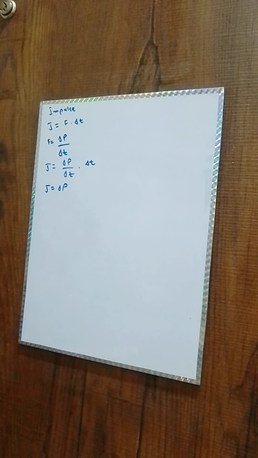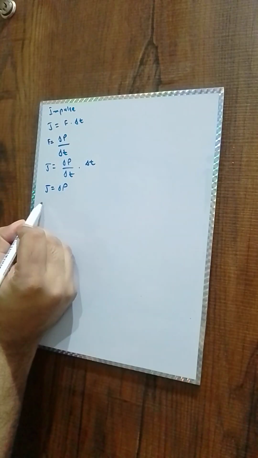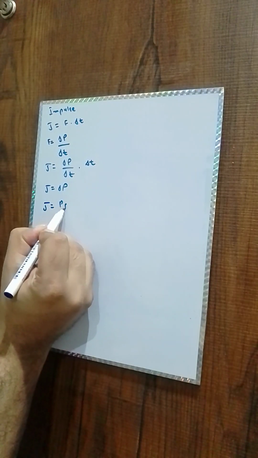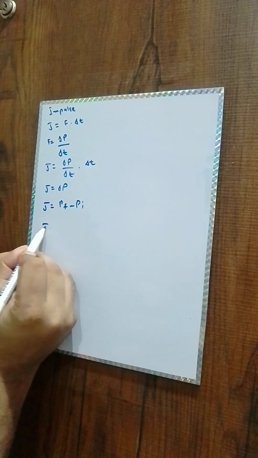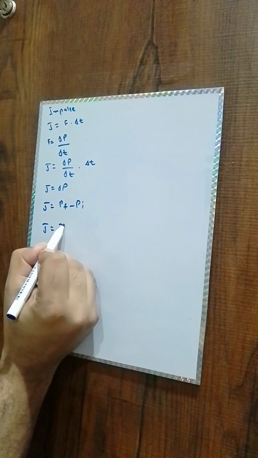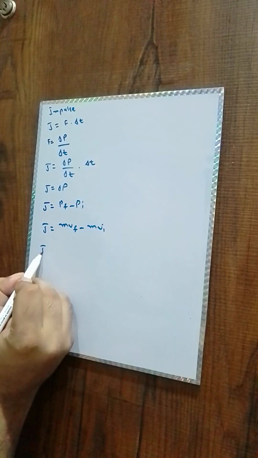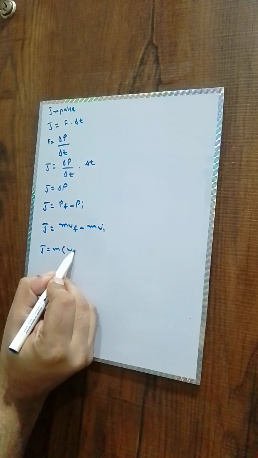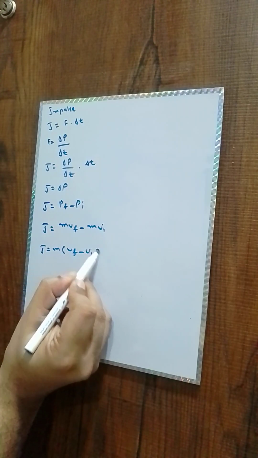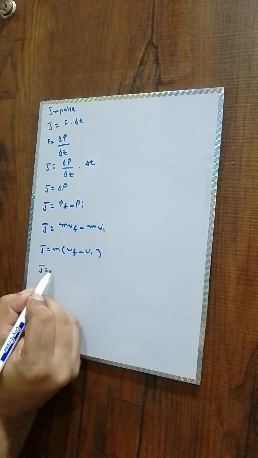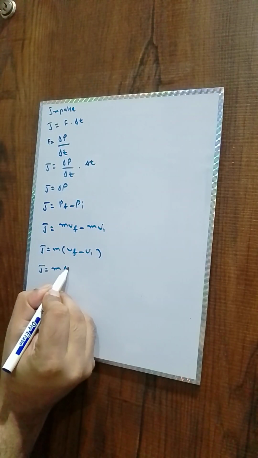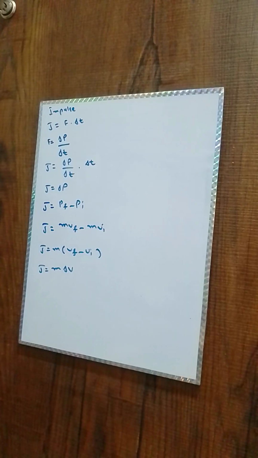Impulse is equal to change in momentum, which is equal to Pf minus Pi, which is also equal to mvf minus mvi, or m times (vf minus vi), or m delta v.